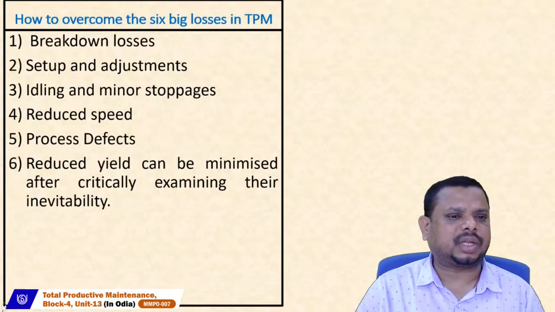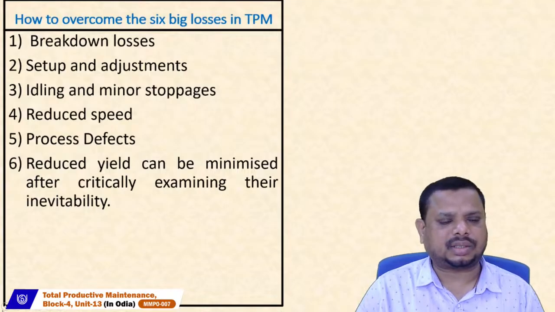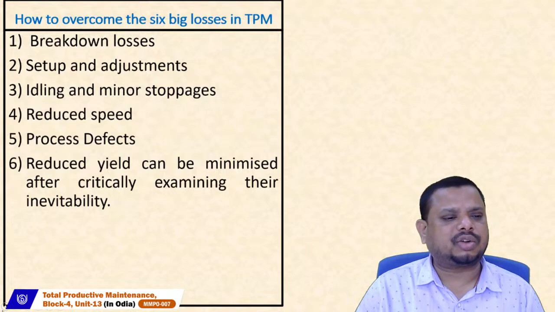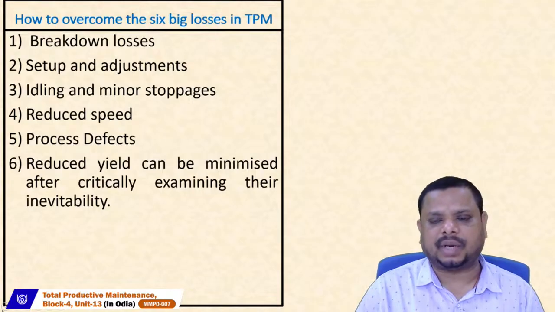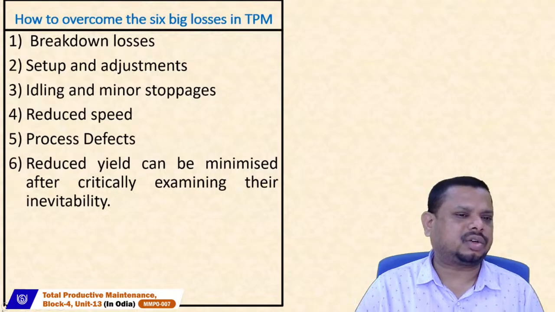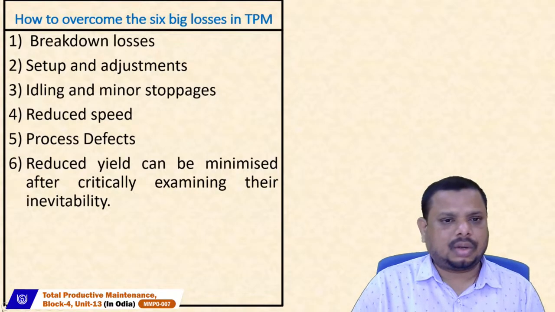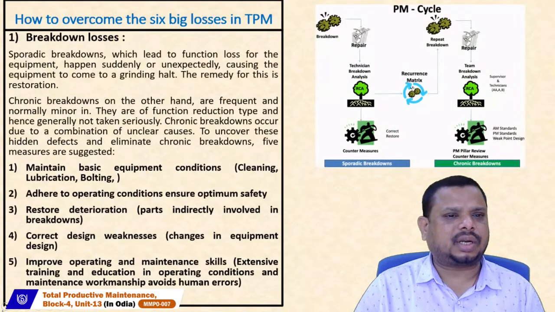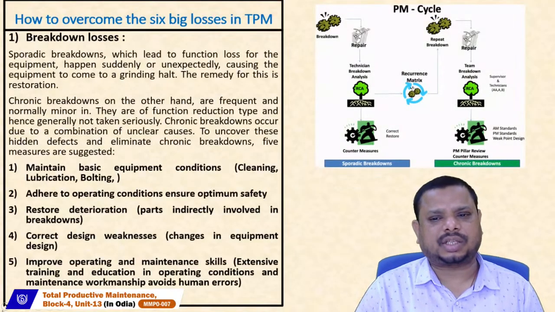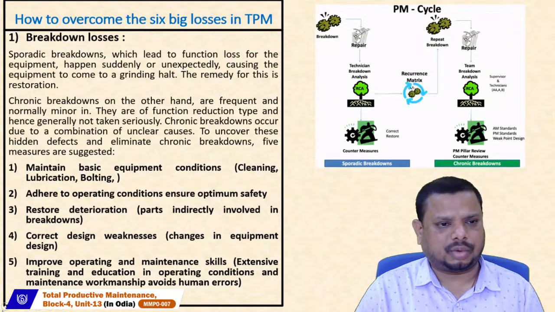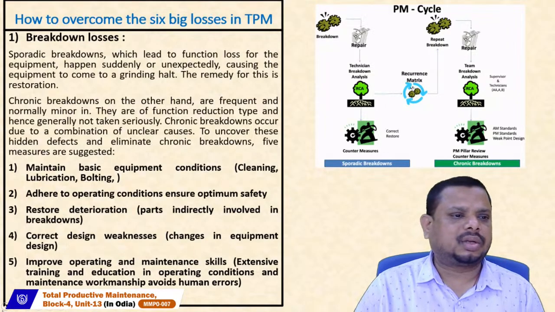Breakdown losses, setup adjustment, idling and minor stoppage, reduced speed, reduced defects, and reduced yield can be minimized after critical examination of their inevitabilities. These are the things that should be observed in order to overcome the six big losses. Let's understand how these six big losses are overcome in total productive maintenance.